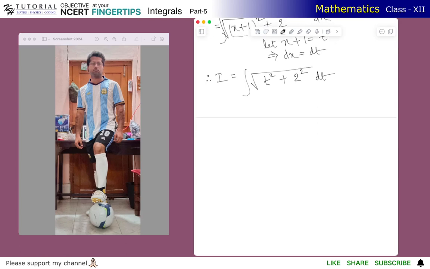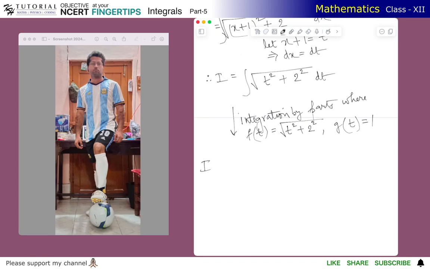Now, we can use integration by parts. Since we have t as a variable, f(t), the first function, is root of t square plus 2 square, and g(t) is 1.